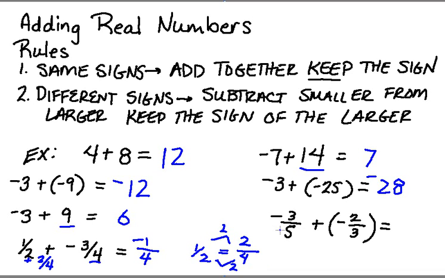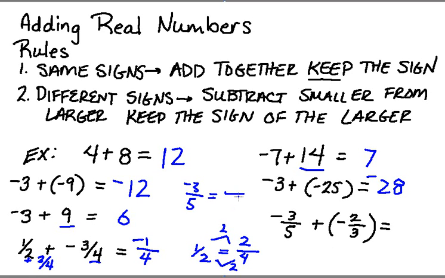Let's try another one. Here I've got minus 3 over 5 and minus 2 over 3. Well, I'm just going to add them together and keep the sign, but I have to get a common denominator. So I'm going to have to convert minus 3 over 5, all right, to something, and minus 2 over 3 to something. The smallest number that both 5 and 3 go into is 15.